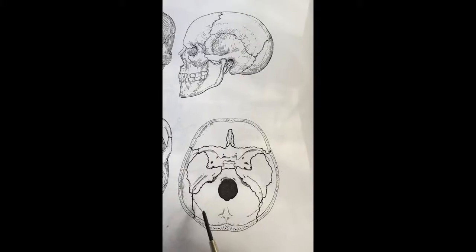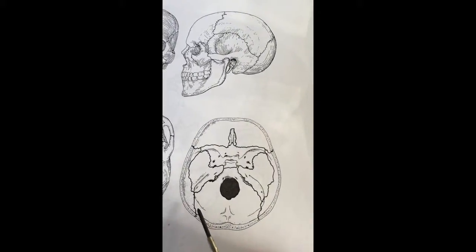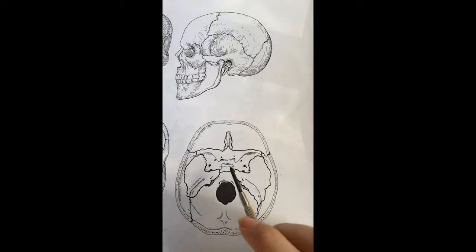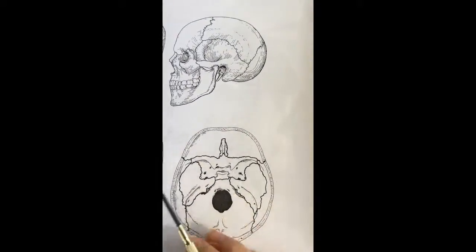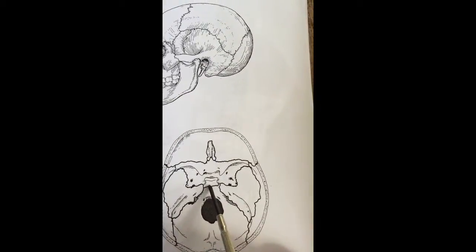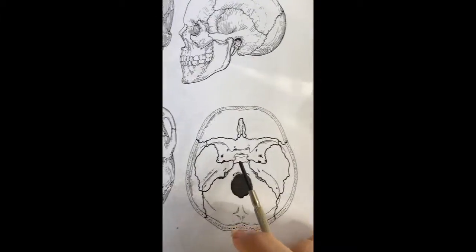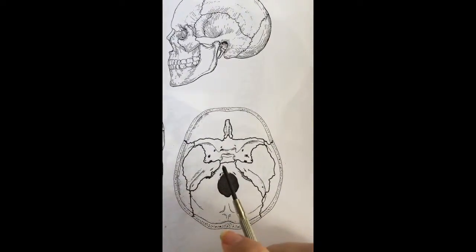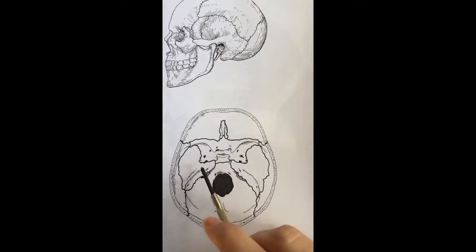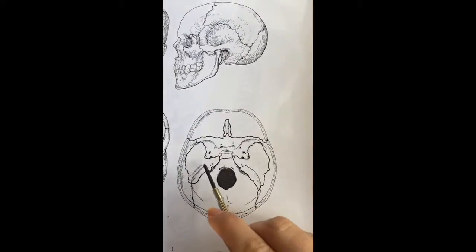Back here is your occipital bone, and then here's your parietal bone. And then right here, this square area is your hypophyseal fossa of the sella turcica. And here's your temporal bone in there.